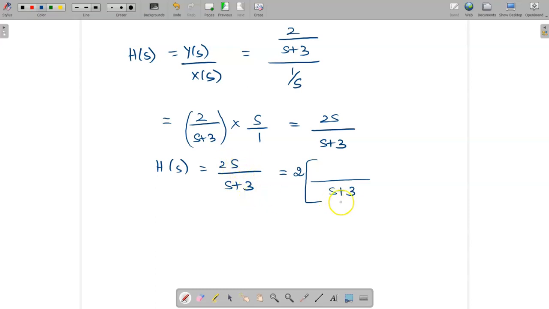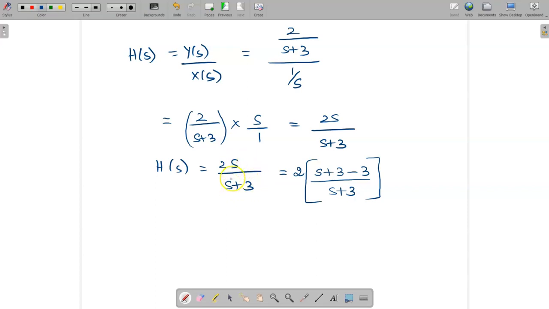So what I can do, whatever the denominator you have plus 3, you just add and subtract with this term. Okay. So I can write s as what? S plus 3 minus 3. Are you getting? So in order to remove this term, I have to cancel this term with the denominator term. So whatever you have in the denominator, it should be there in the numerator in order to cancel this s term.